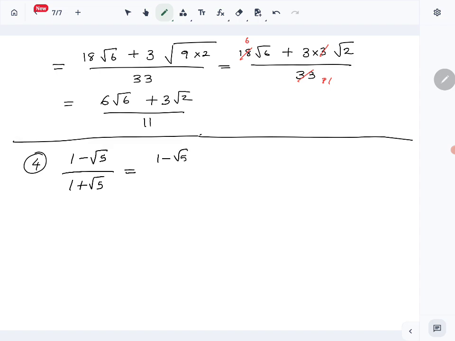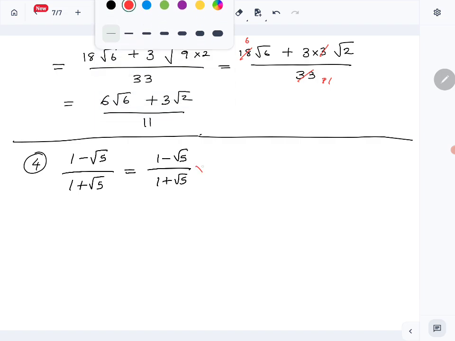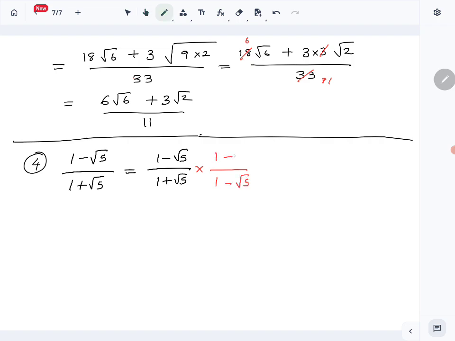So we multiply both the denominator and the numerator by the conjugate of the denominator. Denominator is what? 1 plus square root 5. Then what is the conjugate? 1, change the sign. What is the sign? This is plus, so the conjugate will have minus. That's all. Right, now simplify.